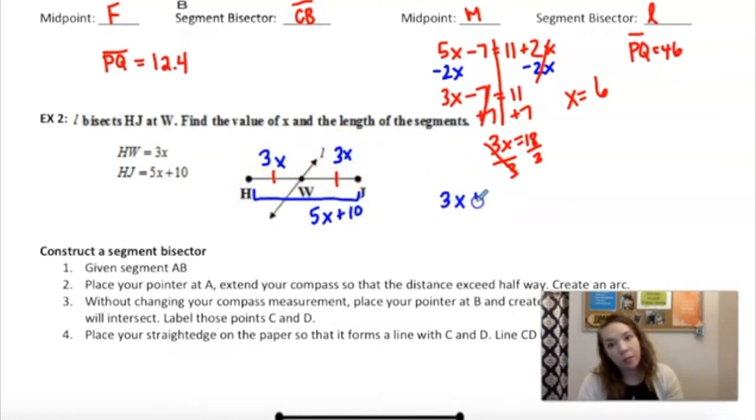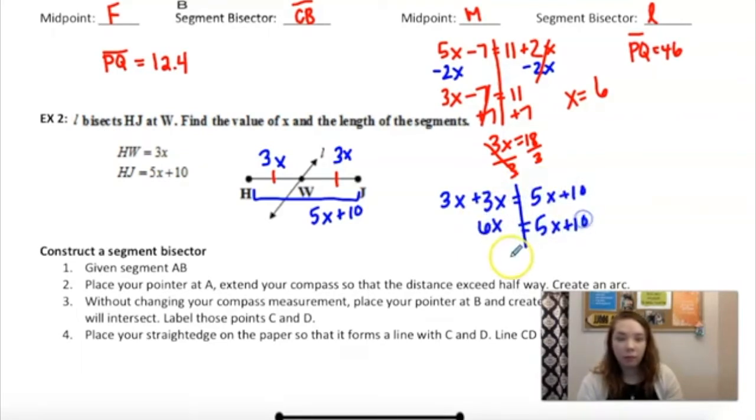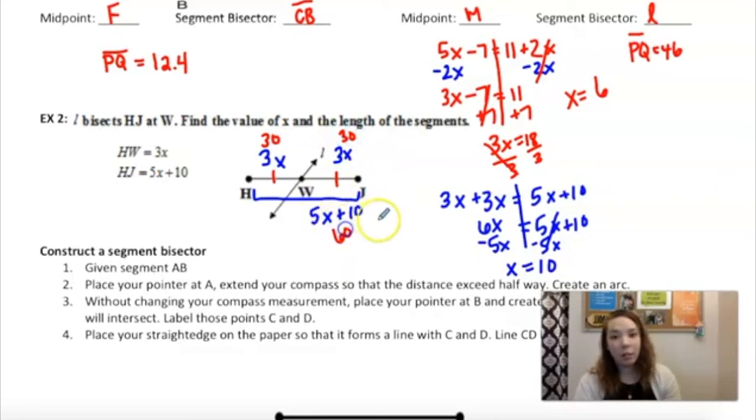So I'll do 3x plus 3x equals 5x plus 10. Combining like terms, that's 6x. Then I'll subtract 5x from both sides, so we have x equals 10. If I plug that in, each of these smaller ones is 30 across. 5 times 10 is 50, plus 10 is 60, which makes sense because 30 plus 30 is 60.